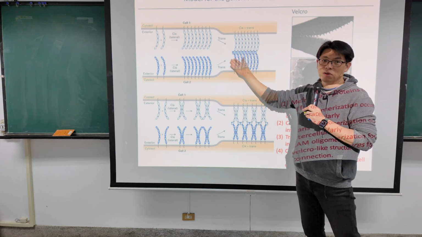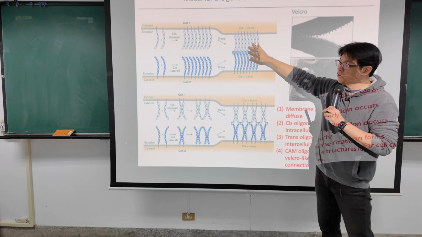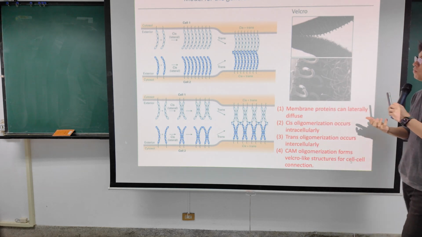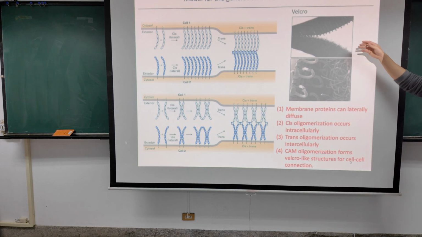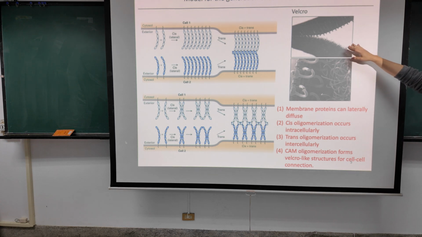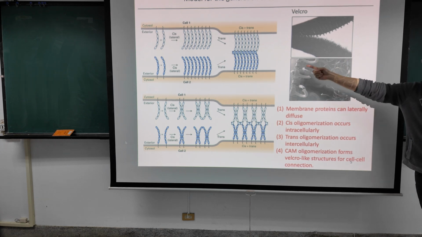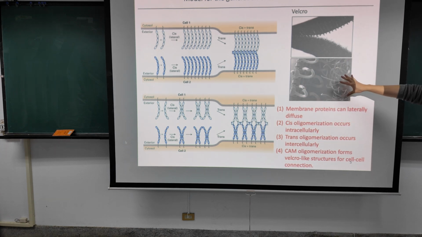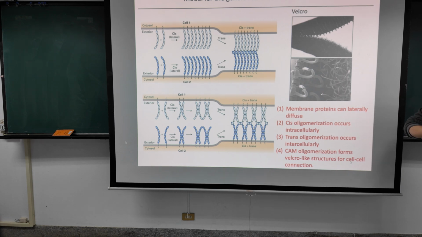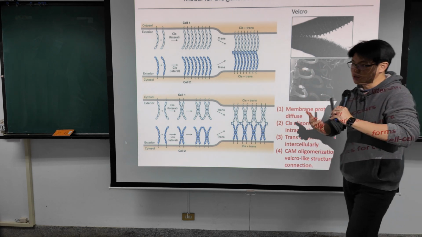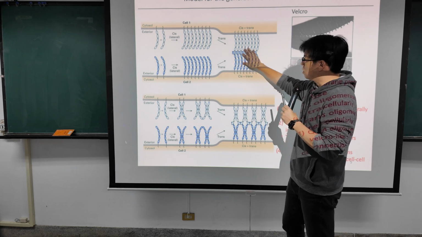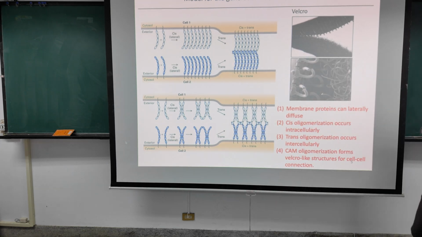They have affinity with each other. That is why they can form such an interaction through a mechanism that's really like Velcro. This is the Velcro structure under electron microscopy. They can hook each other, so those can also hook each other through those Velcro-like structures.